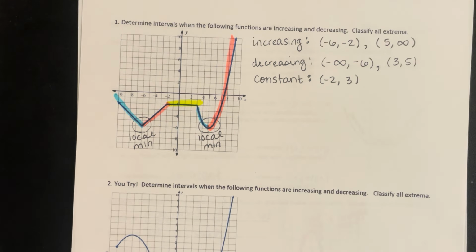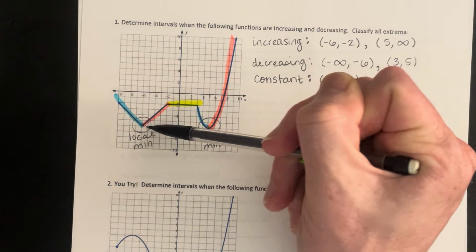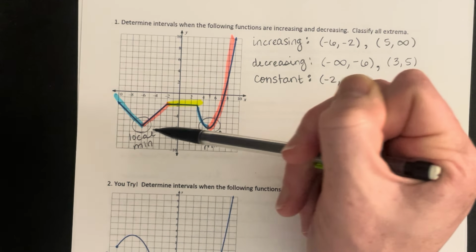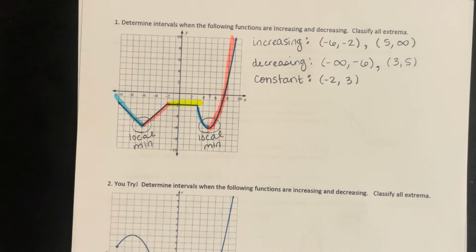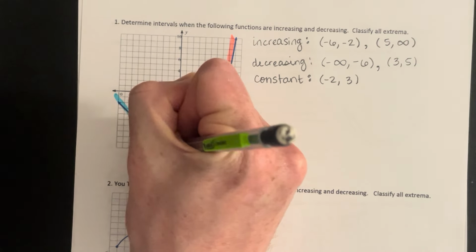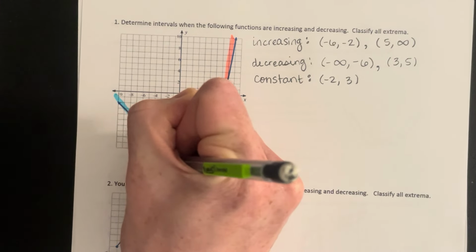If you look across the entire graph, the absolutely lowest point that the graph ever reaches is at -6, and both of those local minimums are at -6. So we would classify these not only as local mins, but also as absolute minimums.